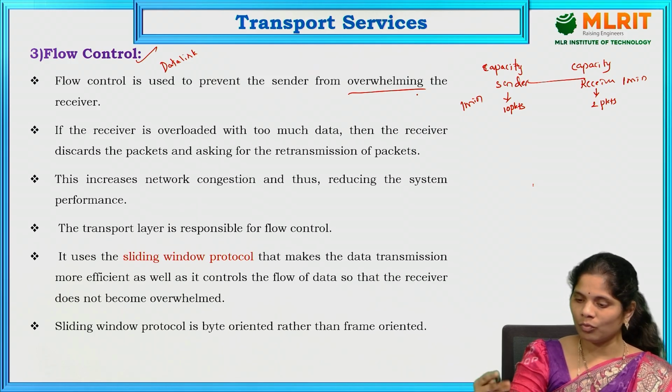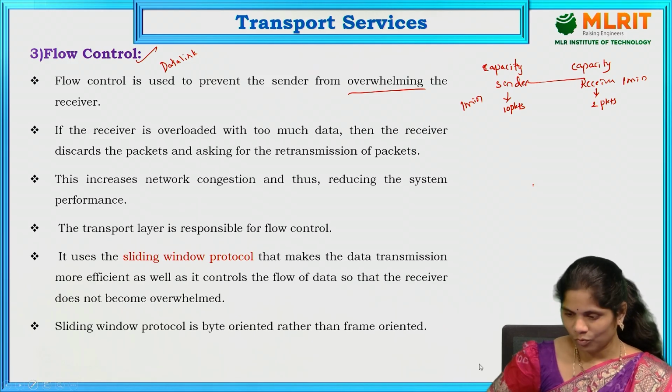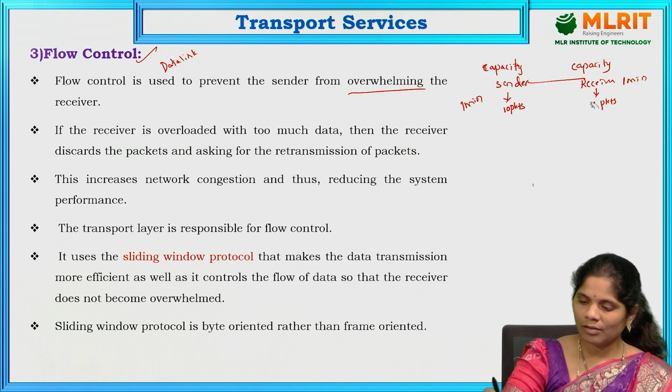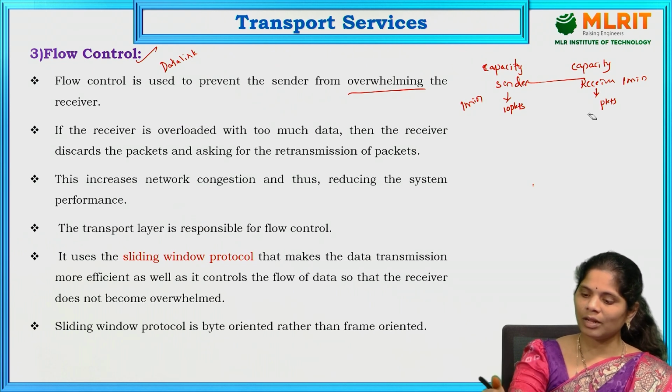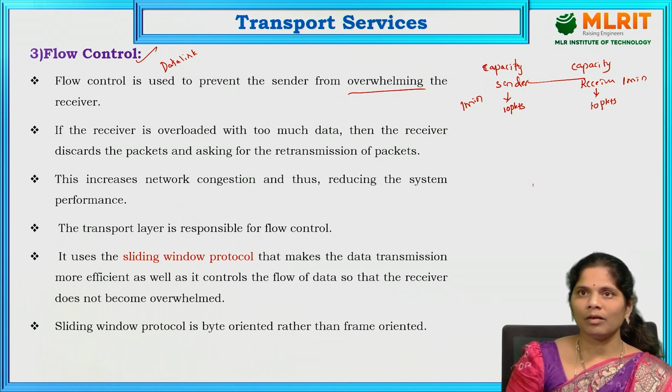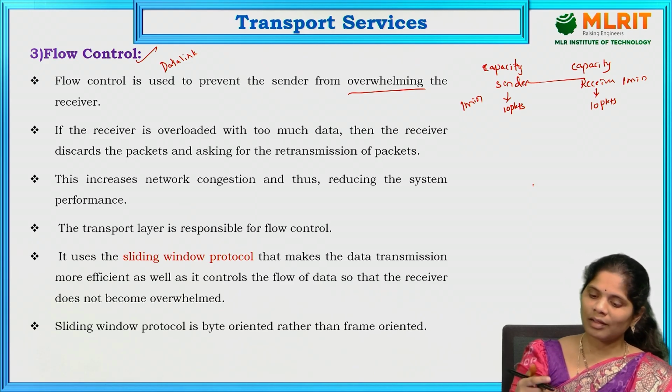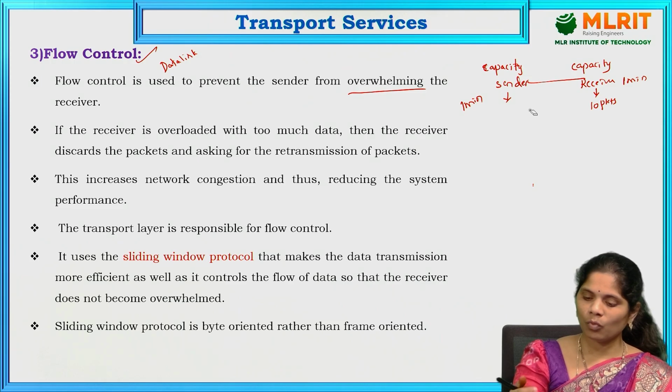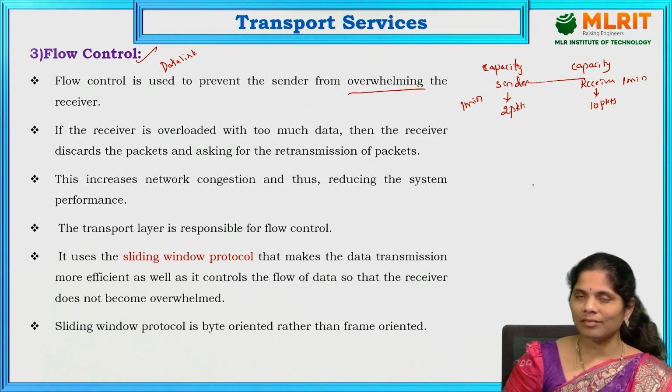Suppose the receiver capacity is also 10 packets. Here we can easily send and receive the data. Suppose the sender capacity is only 2 packets and the receiver capacity is 10 packets.